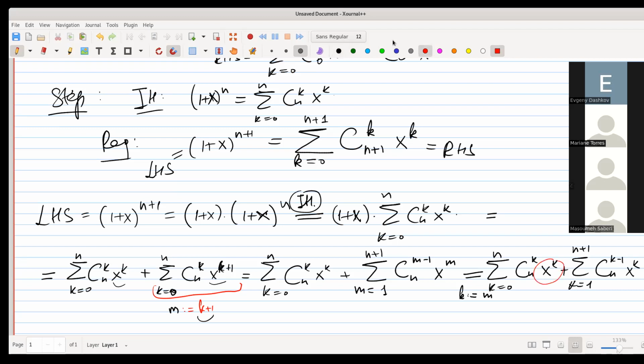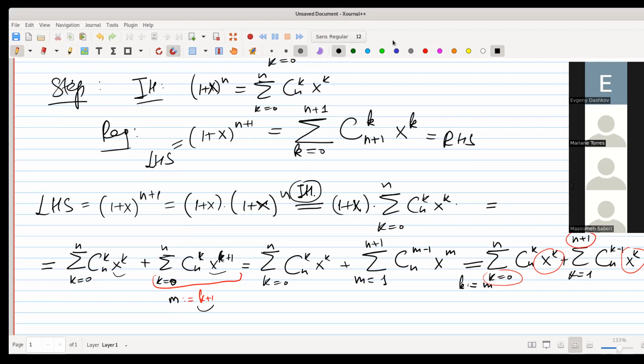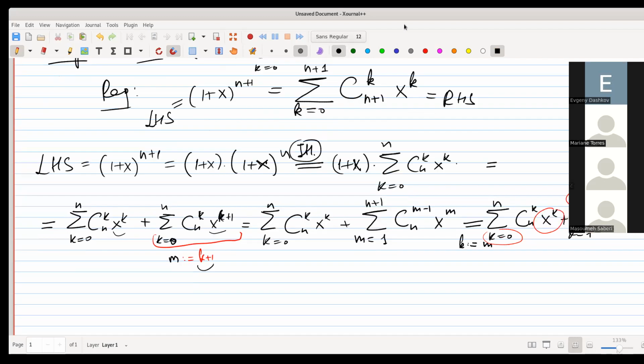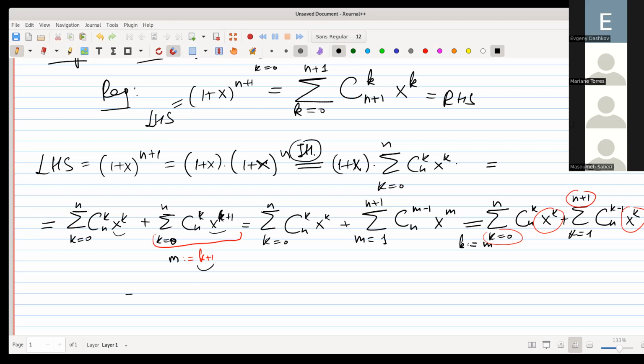We have like terms, but here we have some other problem. The ranges of k are distinct. So here k ranges from 0 to n, and here it ranges where from where to? From 1 to n plus 1.